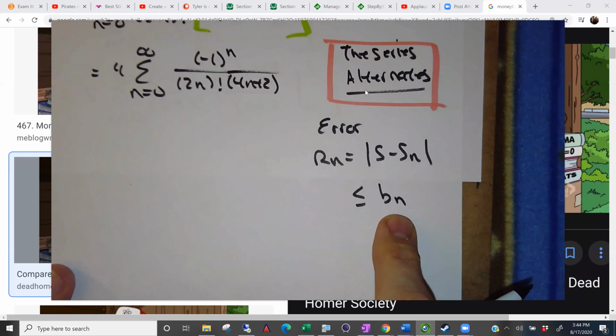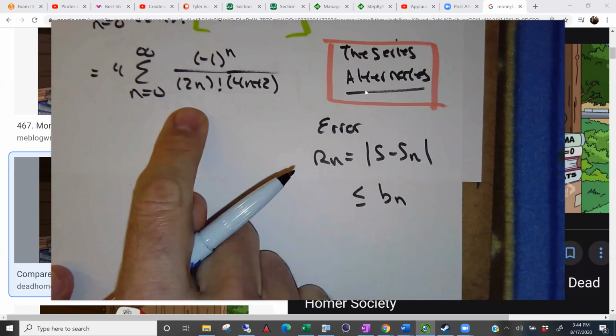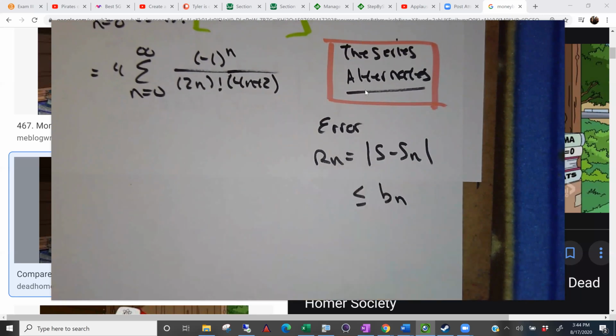So that's pretty nice. So what we want to do is write out a few of these terms until we get to one that is small enough that we can just say, all right, let's leave that off. Okay? So that's the game plan with these type of problems. This is exactly what you can expect from me on an exam. It is to do one like this where you have to approximate something.